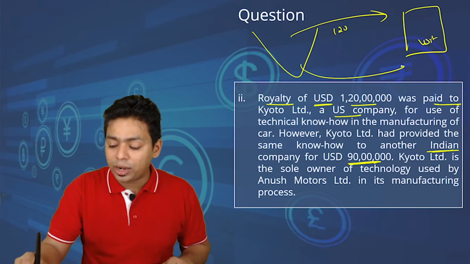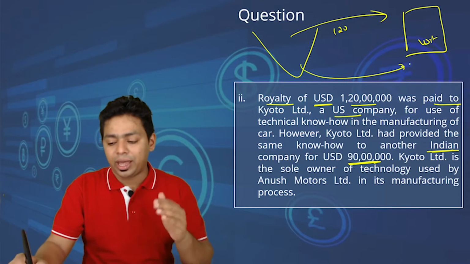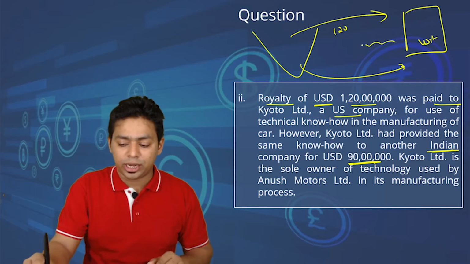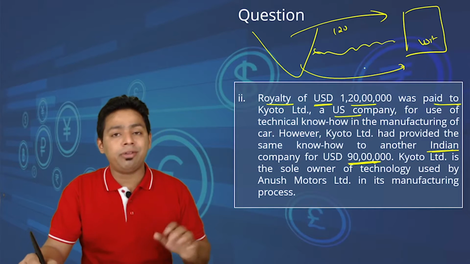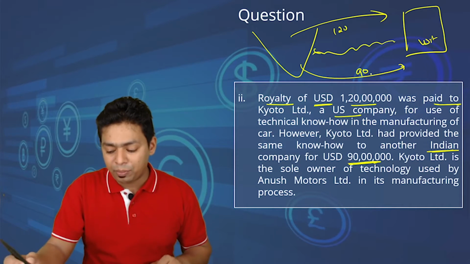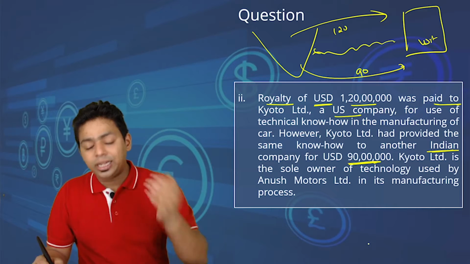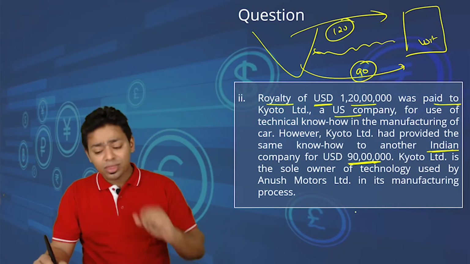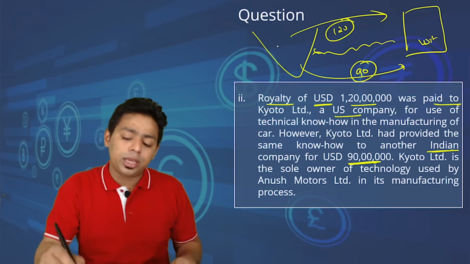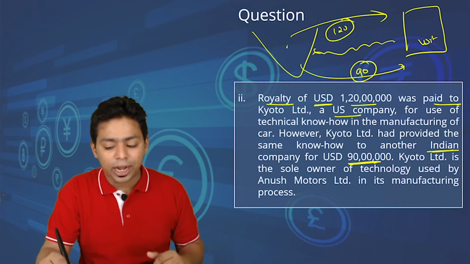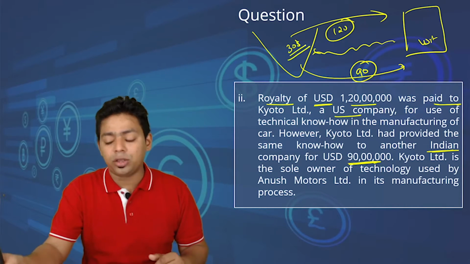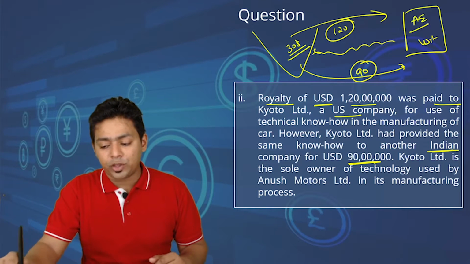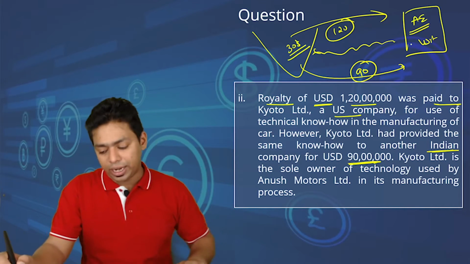But when an unrelated party is giving the same technology in India, they are only making payment of 90 lakh dollars. So here the payment is 120 lakh dollars, here the payment is 90 lakh dollars. Don't you think here India is losing almost 30 lakh dollars? And the answer is yes, because this is an associate enterprise. You are making more payment to the associate enterprise.